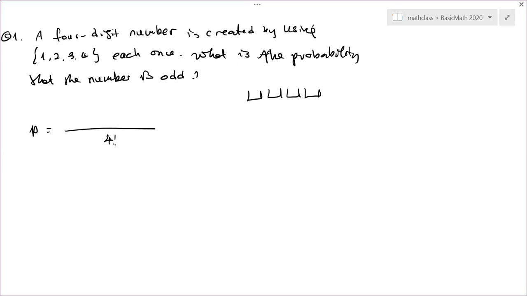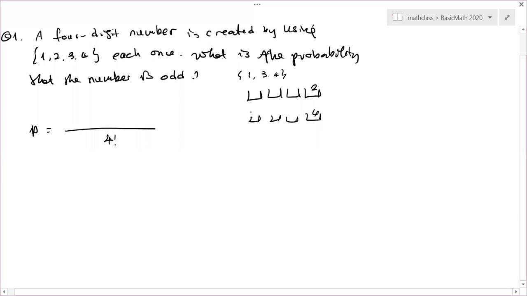For the numerator, we should only consider even numbers. Even numbers means the last digit is 2 or 4. So you have 2 patterns here. There are a couple of ways to do it. You can work on the first one, then add the second one. For the first, you have 3 digits to choose from, 1, 3, and 2, and for the second, 1, 3, and 4.